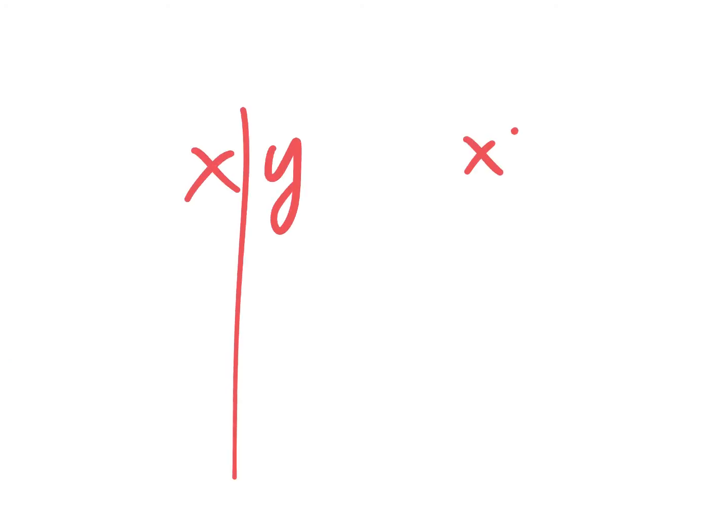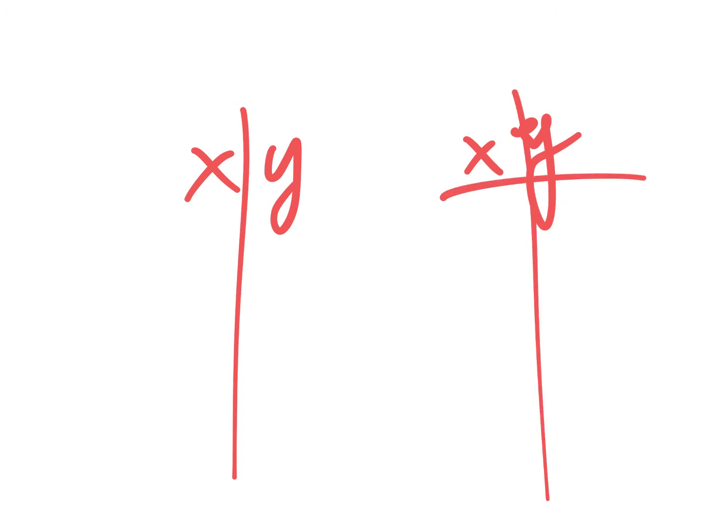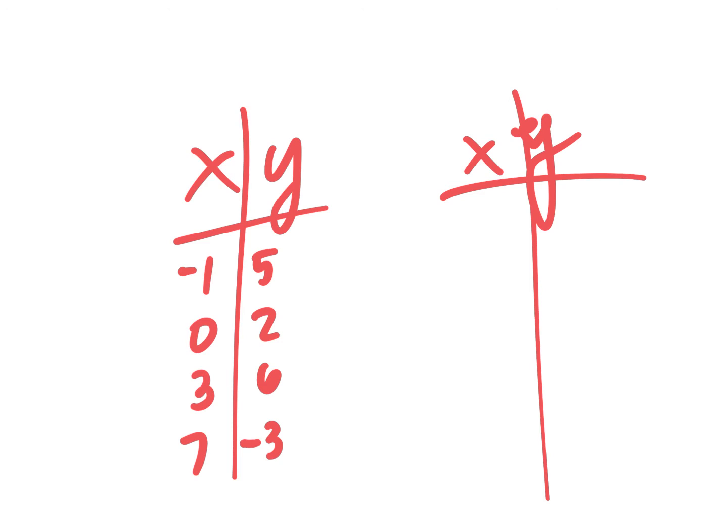All right, so if I give you an XY chart and I give you another XY chart, I'm wondering if you'd be able to tell what happened if I went from these points, -1, 0, 3, and 7, and I had 5, 2, 6, and -3. Thanks for your patience there.